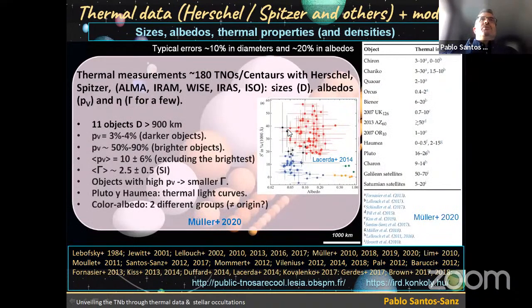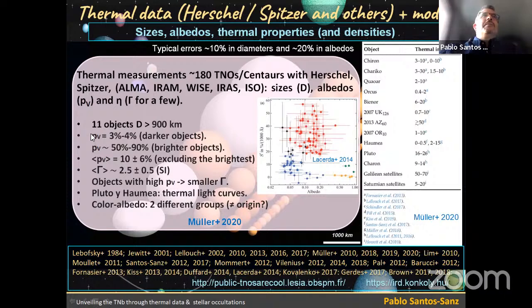Just to summarize what we know, we have thermal measurements for about 180 TNOs and centaurs using Herschel and other facilities. We have sizes, albedos, and this beaming factor, if we apply this thermal model that I was talking about in one of the previous slides, measured for 11 big objects larger than 900 kilometers.